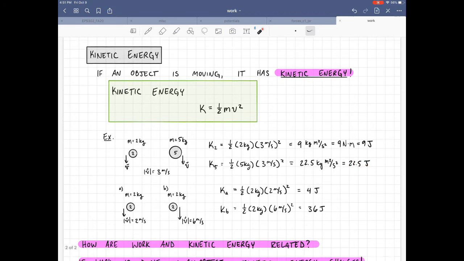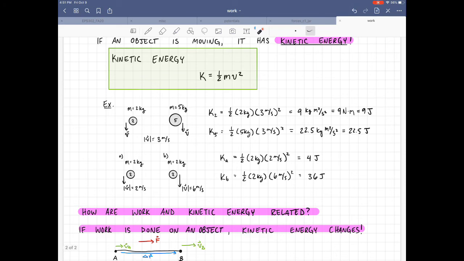Now let's look at a different example where I've got 2 objects with the same mass, but now they've got different speeds. So in this case, object A has a 2 kilogram mass but a speed of 2 meters per second. So what's the kinetic energy? 1/2 mv squared. So we get 4 joules for object A. What about object B?